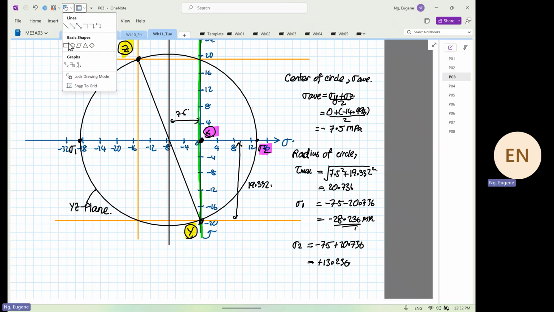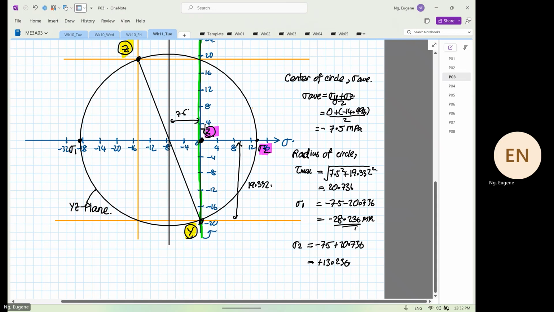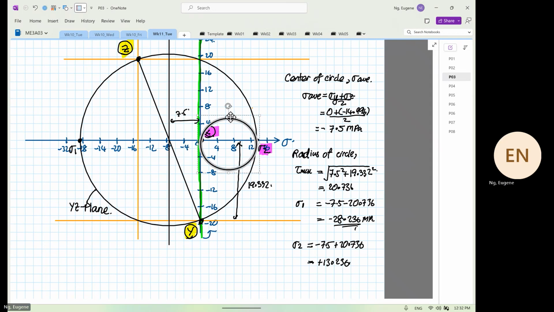So 3.5. 2, 4, 6, 3, 3.5. Oh, I did not reach 3.5. Hold on. Okay, this is just a sketch. So this circle over here belongs to the YZ plane.